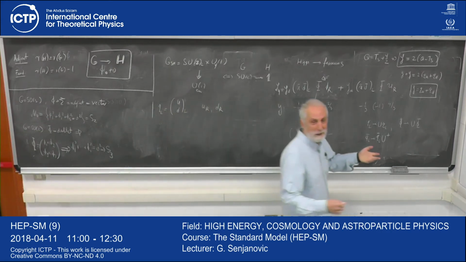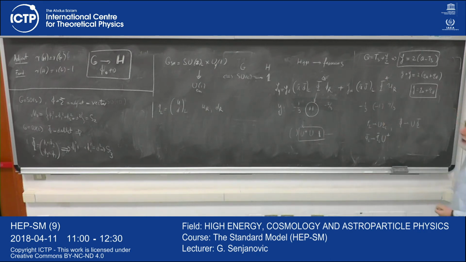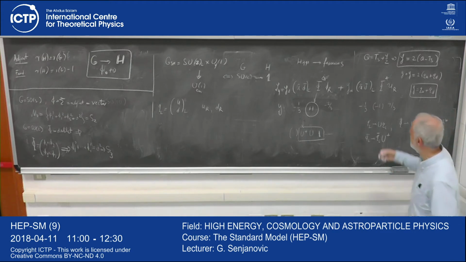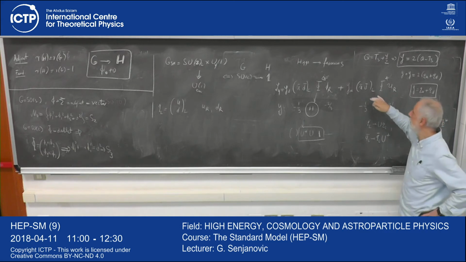Well, if it's not dagger, it's phi star. But even this is not invariant, because phi star transforms as U star. Phi star transpose. Well, if I transpose it, I'm making it lie down again. You see what I did now?